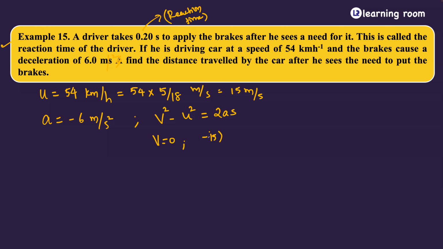So 0 minus 15 square. This is equal to 2 into deceleration is -6 and displacement is what we want. So minus and minus will get cancelled. It will be 225 divided by 12 is the displacement. So this is the distance he has traveled after he applied the brakes.